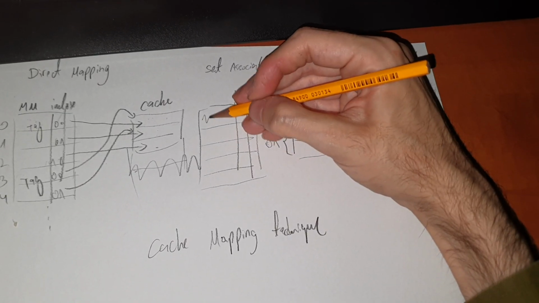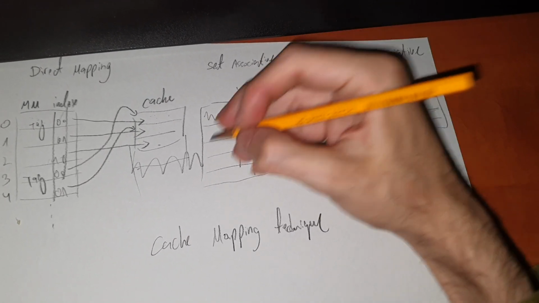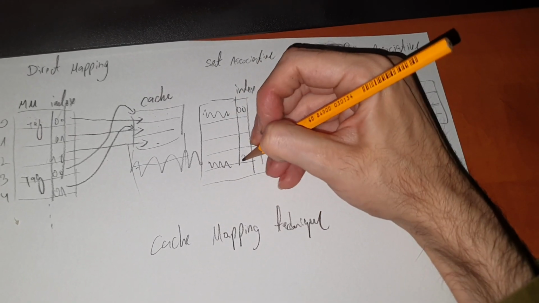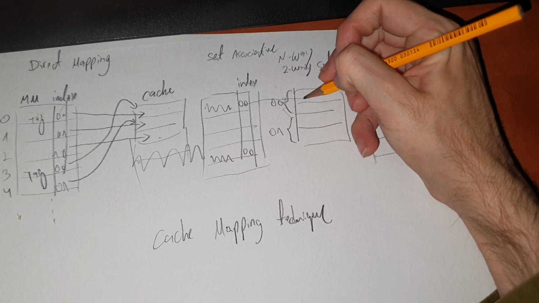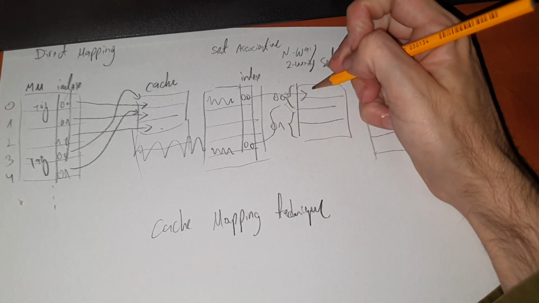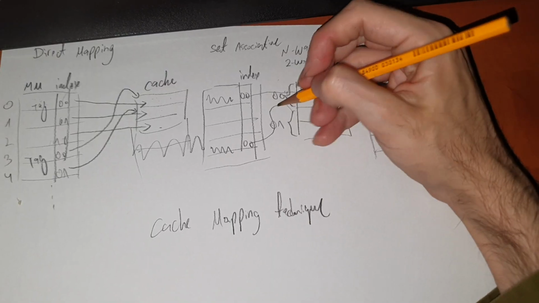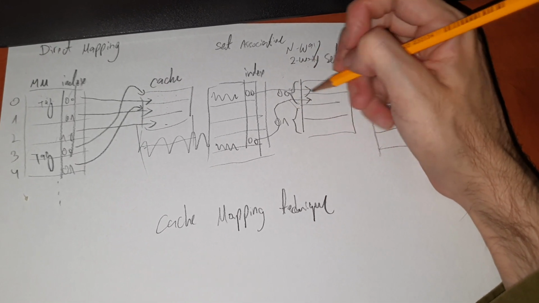So if I have some data that will go to set 00 and another data that will also go to set 00, this one can go right over here, and that one, instead of overriding it, we can put in the second block in the same set that is free.